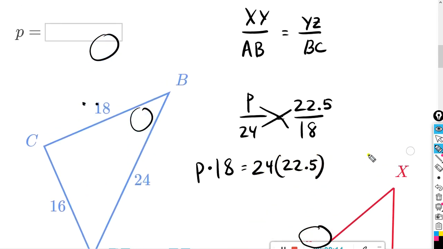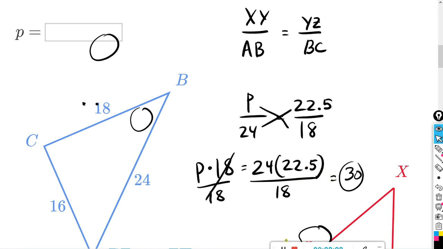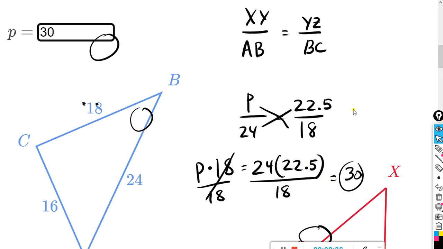Solving for P, the opposite of times 18 is divided by 18. Do that to both sides. The 18s cancel. I'm going to do this on the calculator, and I get an answer of 30. So just click inside the box and type 30.